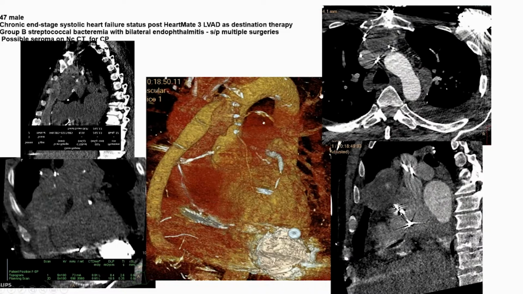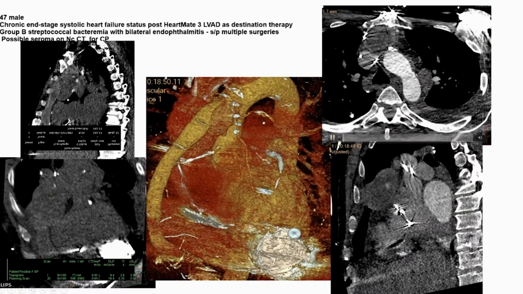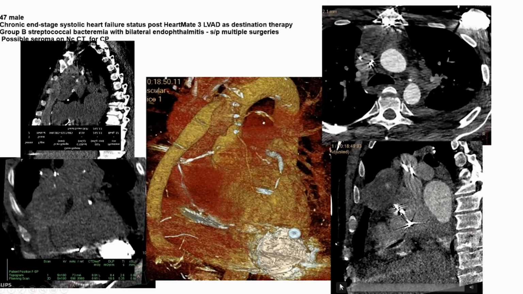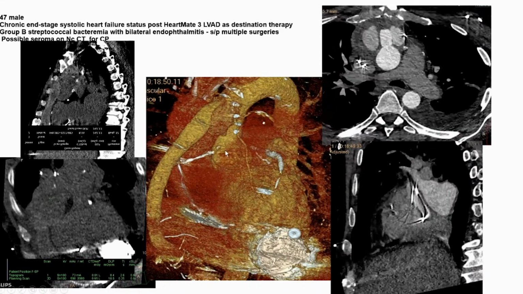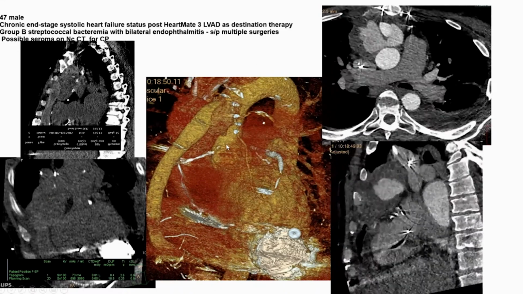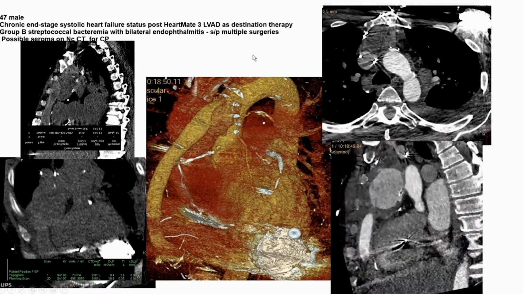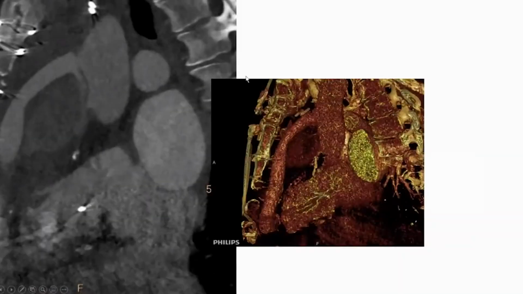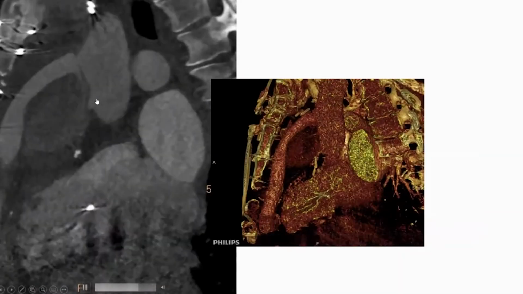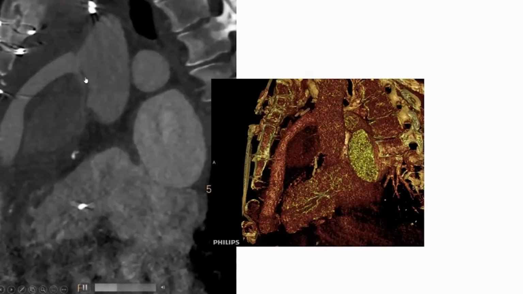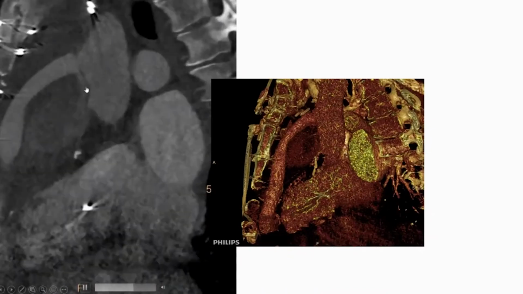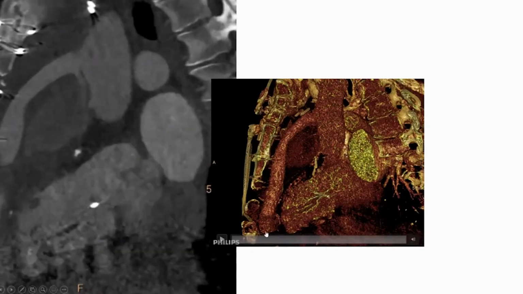This is the contrast CT. So this definitely looks like a pseudoaneurysm at the anastomosis site. And the diagnosis was made with gated CT. You can see the contrast spilling from the anastomosis site into this cavity.